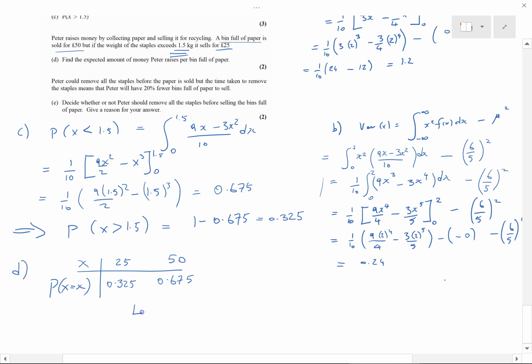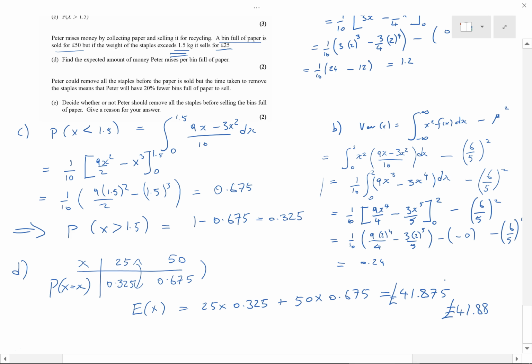So the expected value of this is basically these two numbers multiplied together and added. So it's 25 times 0.325 plus 50 times 0.675, which equals 41.875, or £41.88 if you want to round up or down.